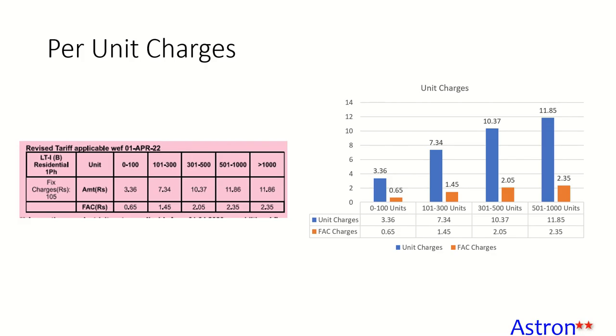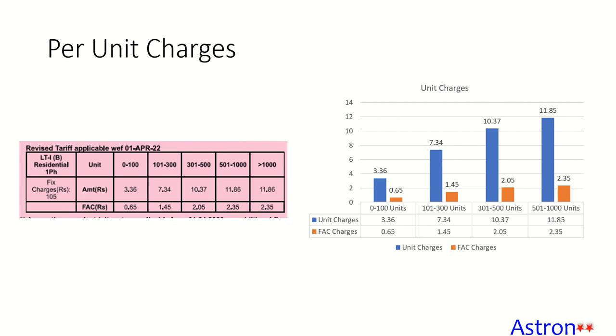We can see that for the first 100 units we are charged 3.36 rupees, but as soon as we cross the 100 units and enter the second slab, we are charged 77.34 for the next slab. Here we can also see it in the form of a chart.